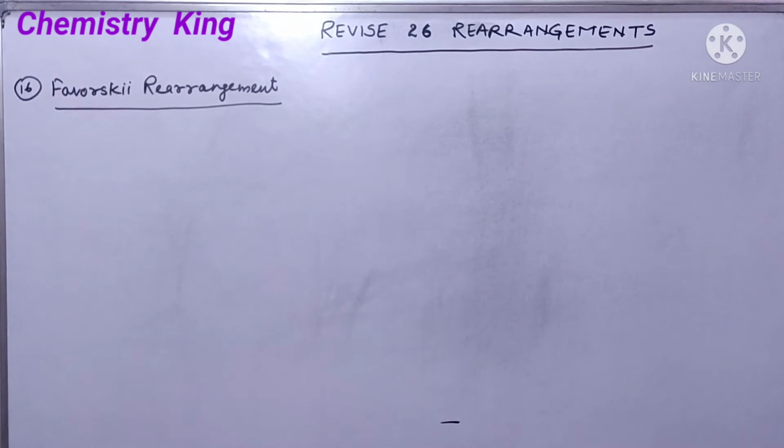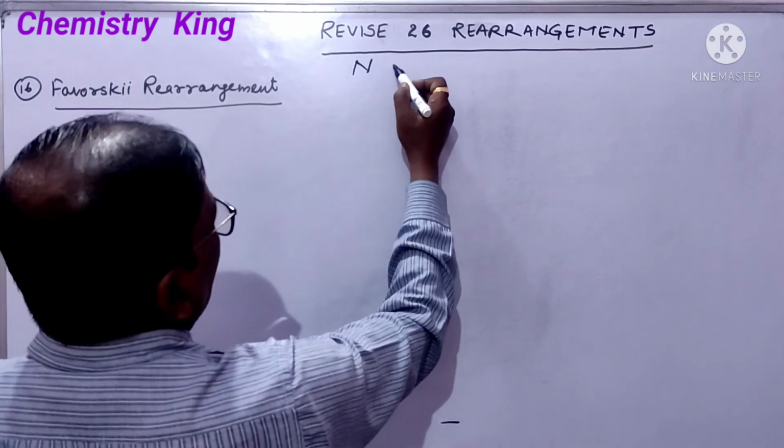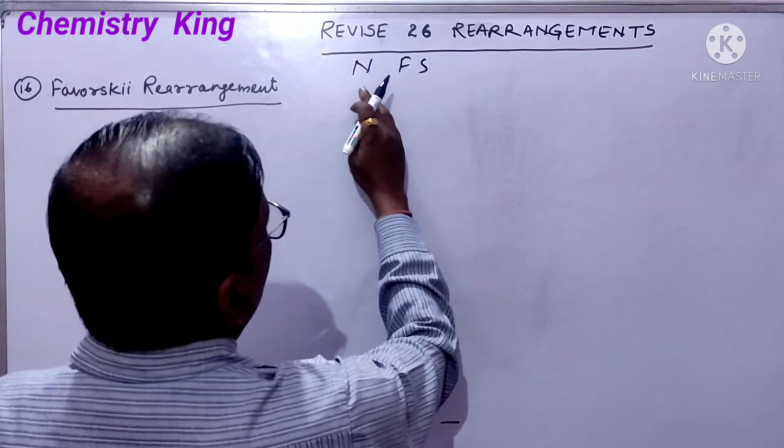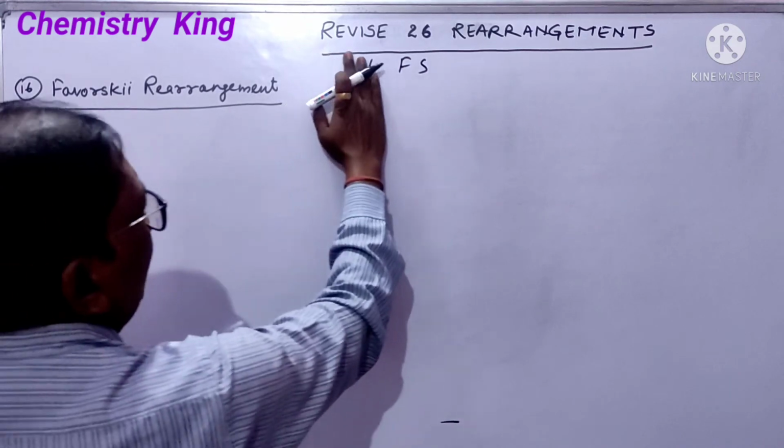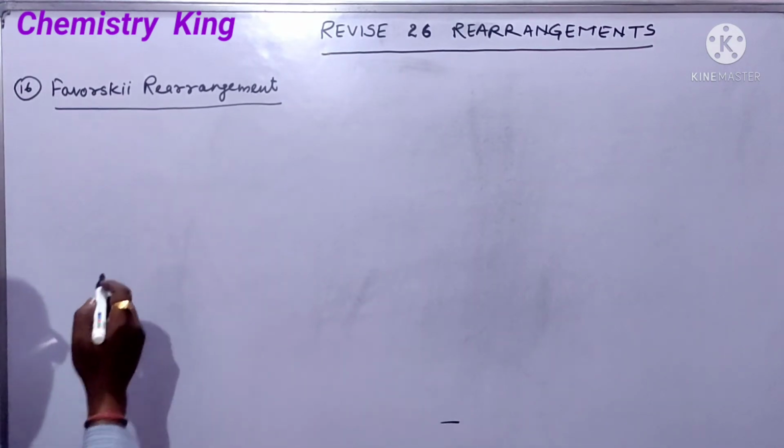Friends, number 16, the Favorskii rearrangement. Narendra phir se: Neber rearrangement, Favorskii rearrangement and Shapiro rearrangement. Okay, this is the Favorskii rearrangement.